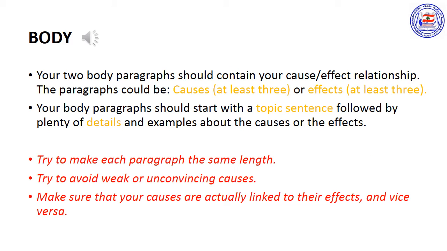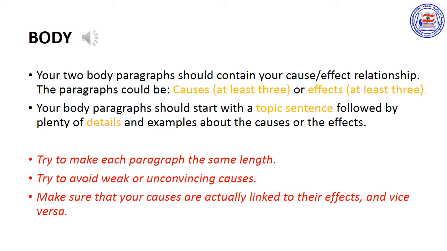Moving to the body, your 2 body paragraphs should contain your cause-effect relationship. The paragraphs could be causes, at least 3, or effects, at least 3. Your body paragraphs should start with a topic sentence, followed by plenty of details and examples about the causes or the effects.